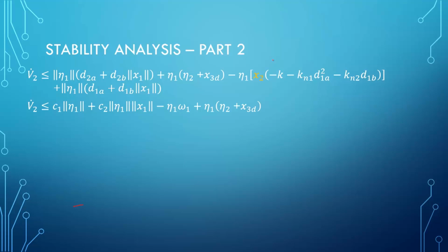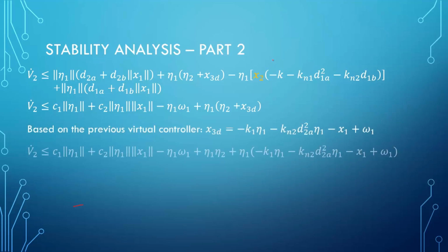Regrouping either the eta 1 norm or the eta 1 norm times another variable's norm. Because we know we can take care of this by using Young's inequality to create square terms that go to different systems, and this one can be taken care of by completing the squares.